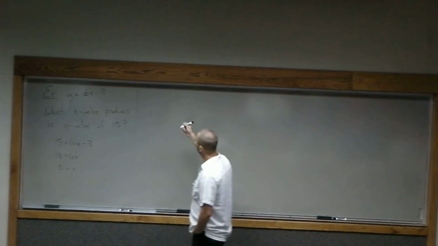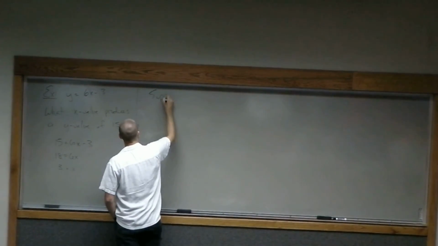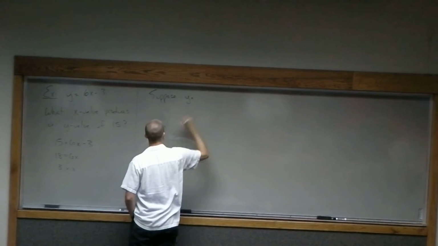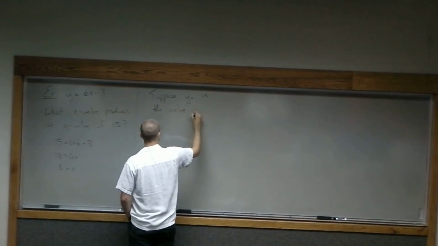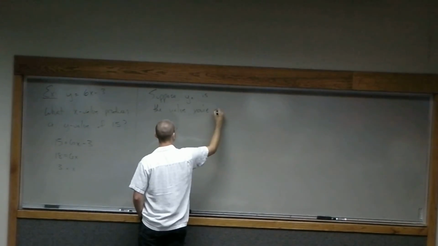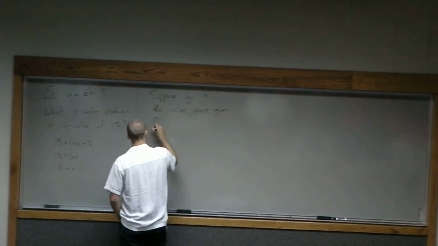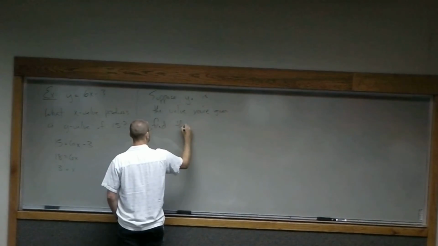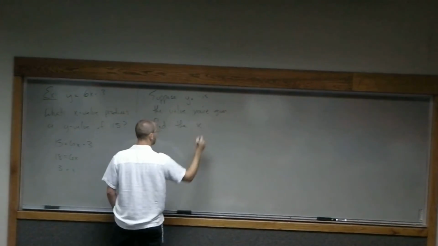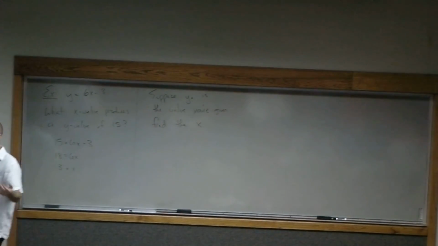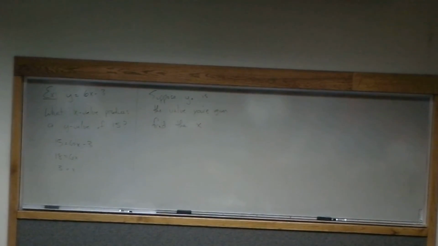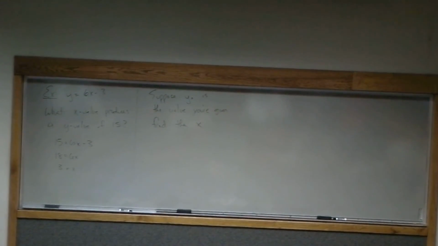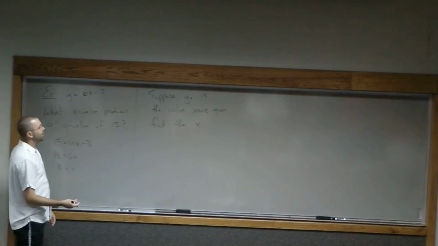Suppose y naught is the value we're given. Find the x. Let's do that. Here we have some unknown y value, call it y naught.